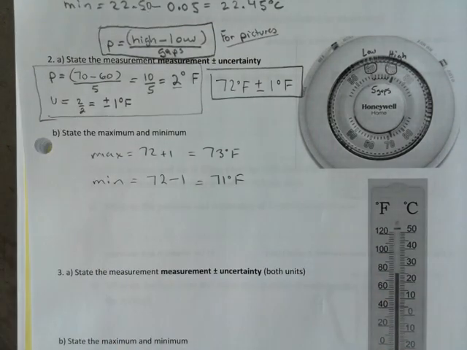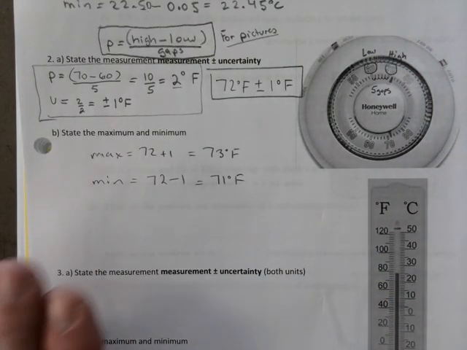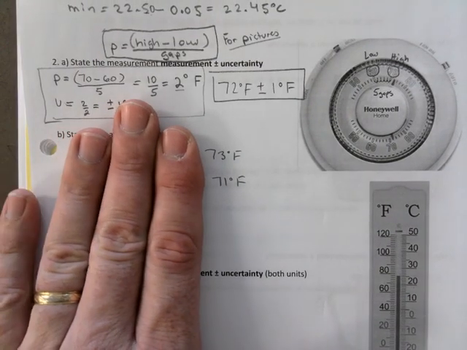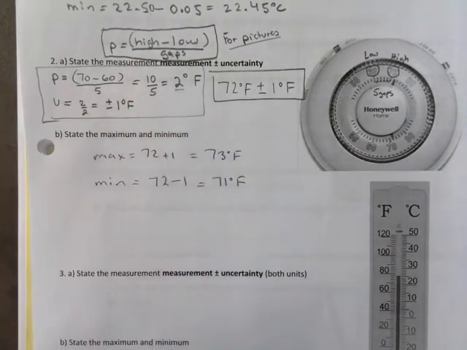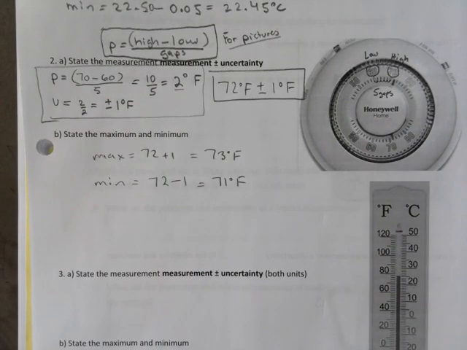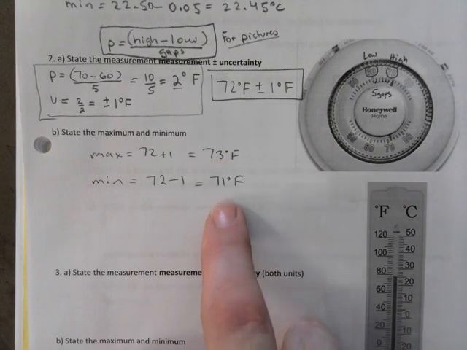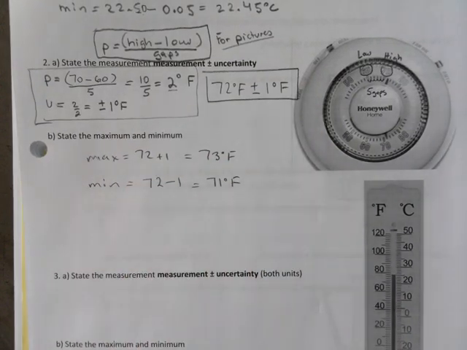Just make sure when you do these questions, some students just give me that. Please tell me which one you think is the max and which one you think is the min. So just label it, right? I'm okay with you not showing the work. It's the risk you're taking, right? But make sure you tell me which one is max, which one is min. Because I do know, but do you know, right? That's what they want to know.